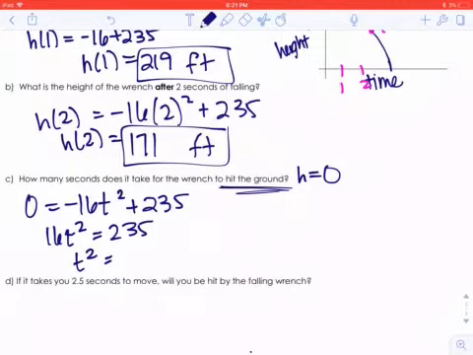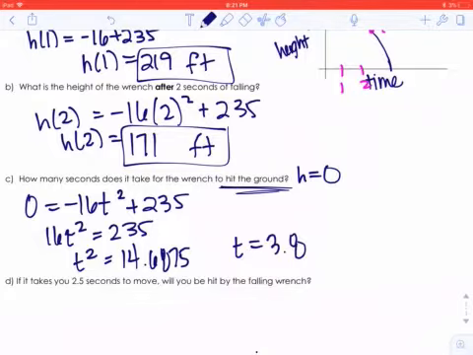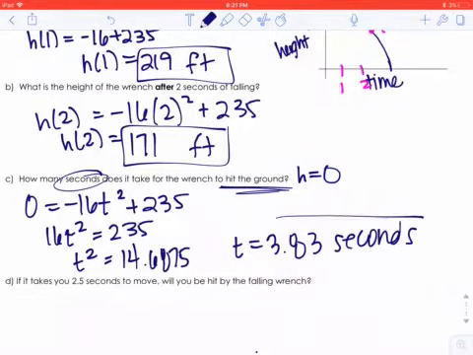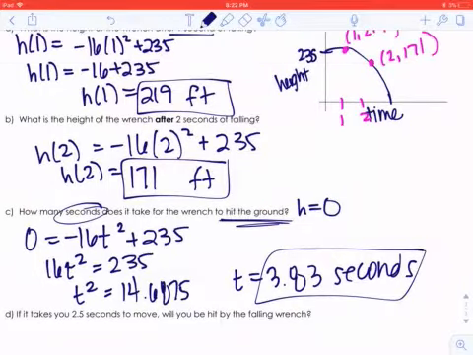T squared equals 14.6875. And so t, take the square root of that, and you get 3.83. 3.83 what? We're looking for seconds. 3.83 seconds. So right here is 3.83. That's where he hits the ground.